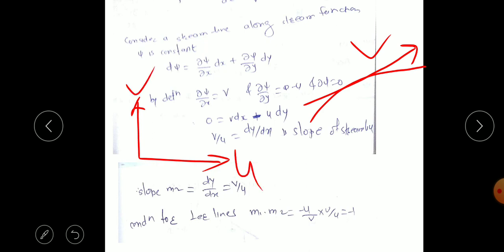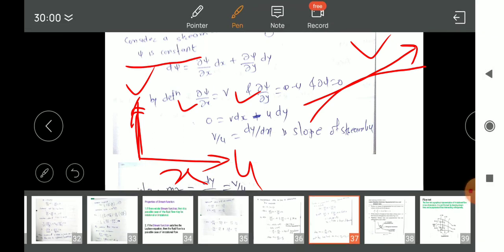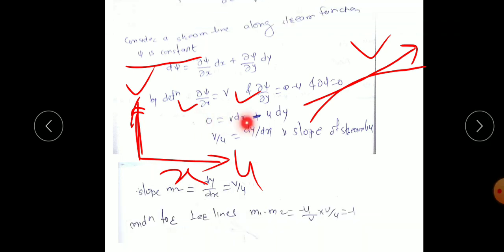Differentiation along x gives the velocity component along y, which is v, and differentiation along y gives minus u. So ∂psi/∂y is minus u, and if psi is constant, then we get 0 is equal to v dx minus u dy.